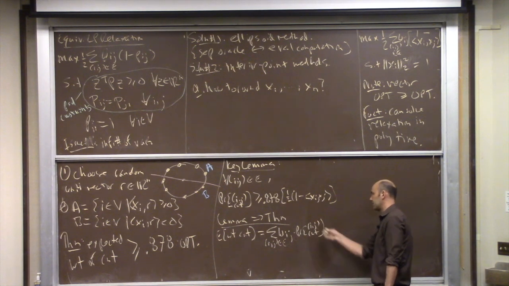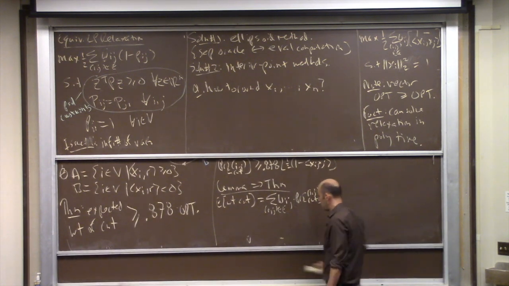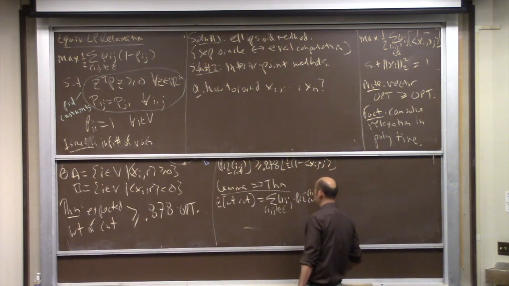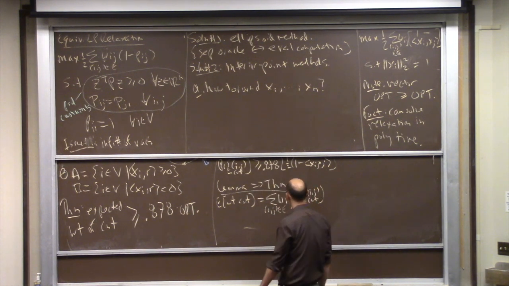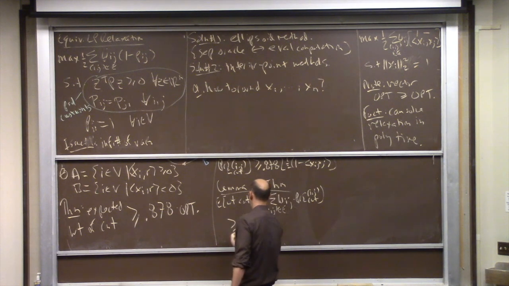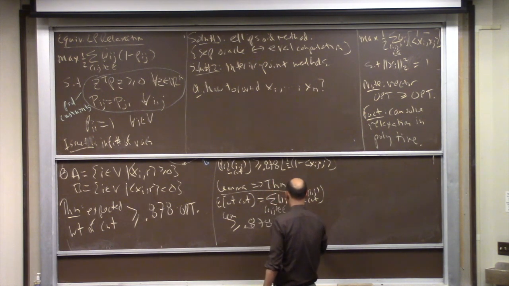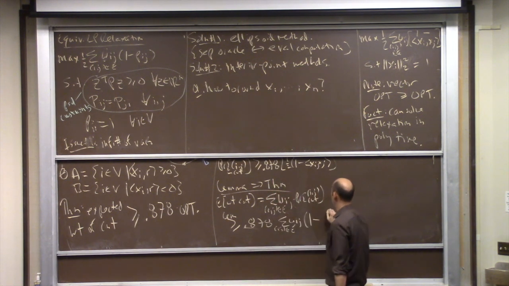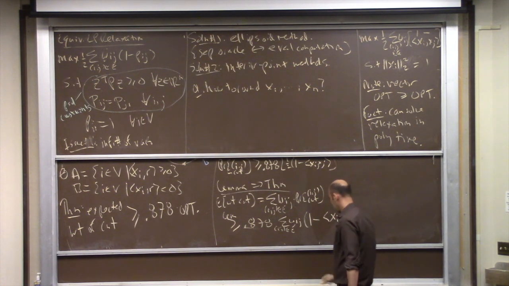So this is the expected contribution. Now we just plug in the key lemma. The key lemma says that our cutting probability is closely related to the SDP term. So by the lemma, this is at least 0.878 times the sum over ij in E of wij times 1/2 (1 minus xi dot xj).